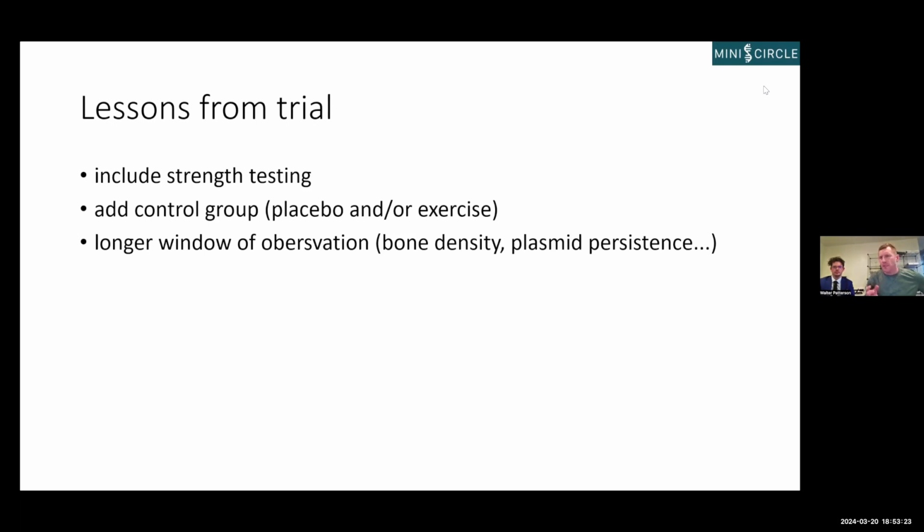One other result to note is a minority of participants saw an increase in LDL, but the mean LDL value did not increase. So again, results consistent with this being a safe therapy.